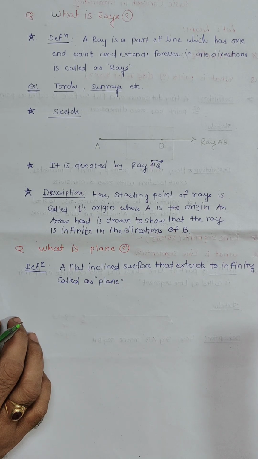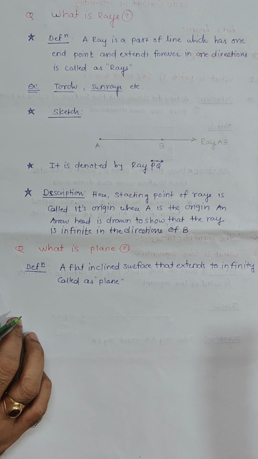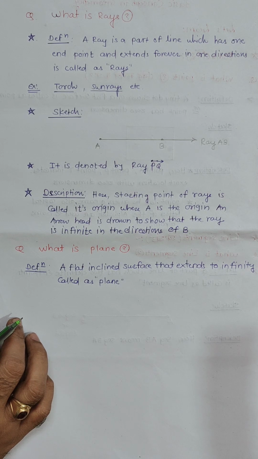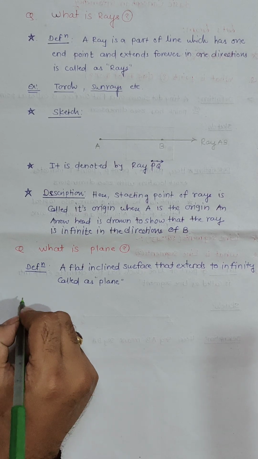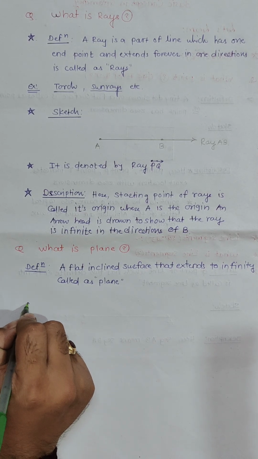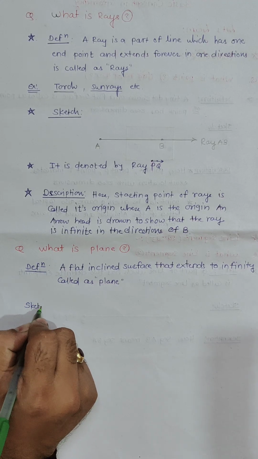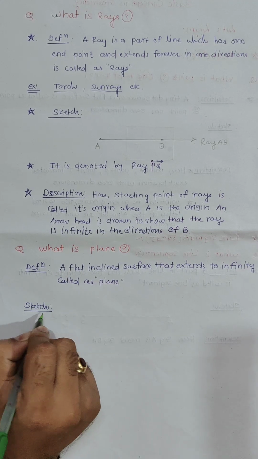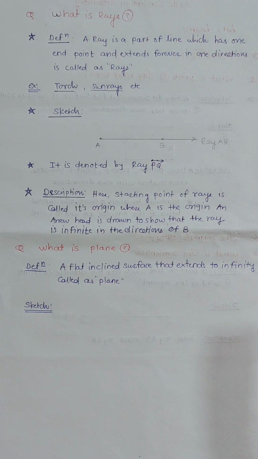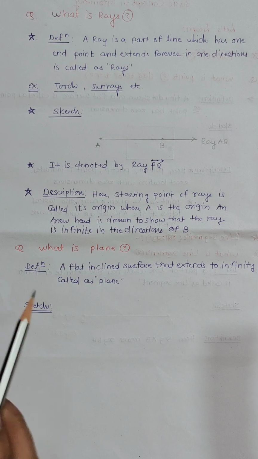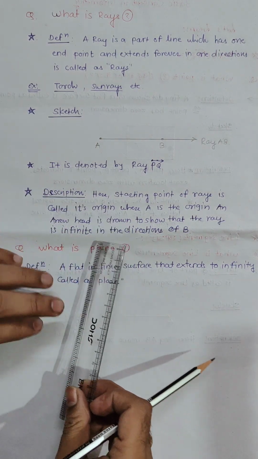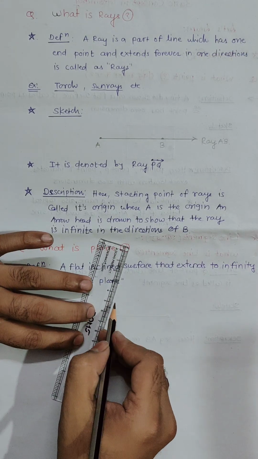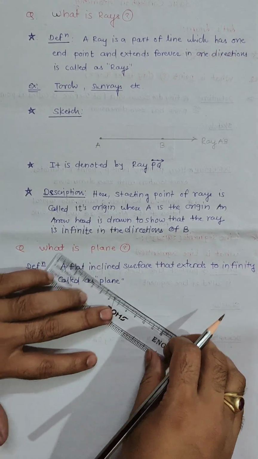Second part is the sketch. What is the sketch of the figure? We have to draw it with the help of a pencil and scale. Draw a figure of the sketch.